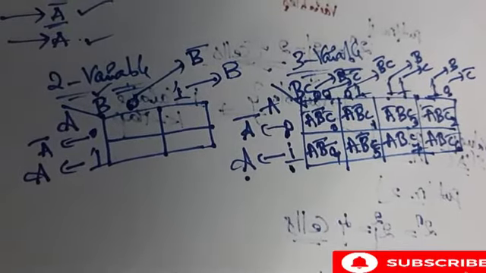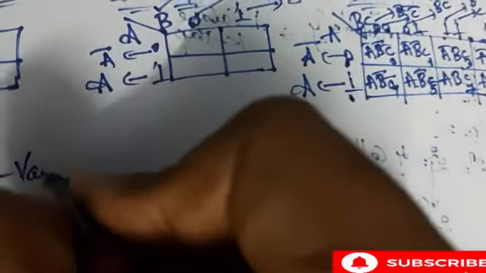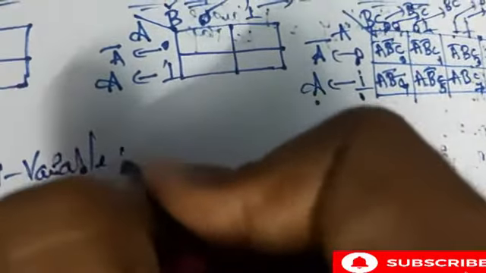And next we will see the 4 variable, right? 4 variable means 16 boxes or 16 cells will be there.